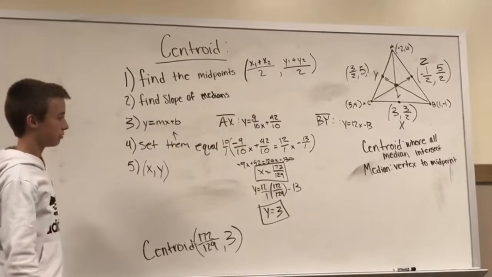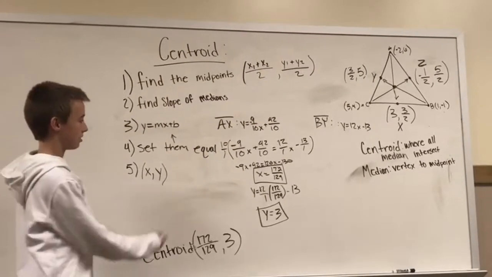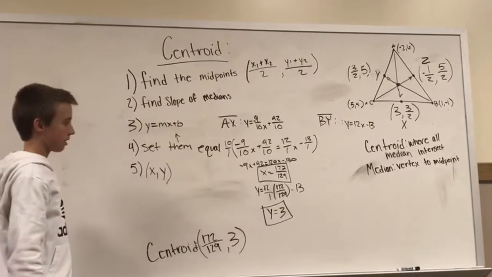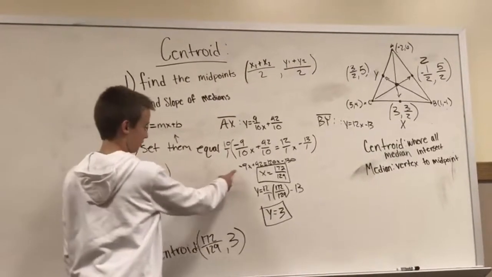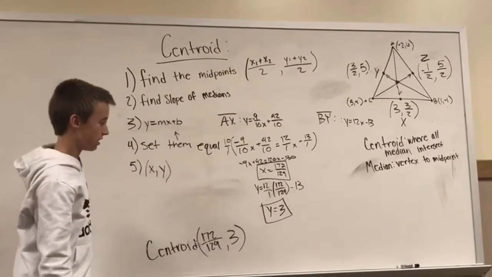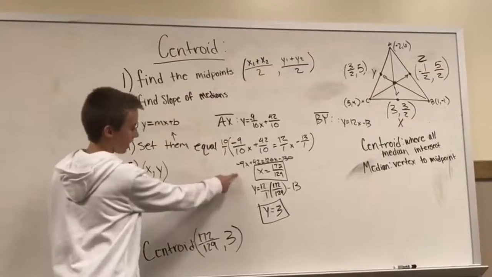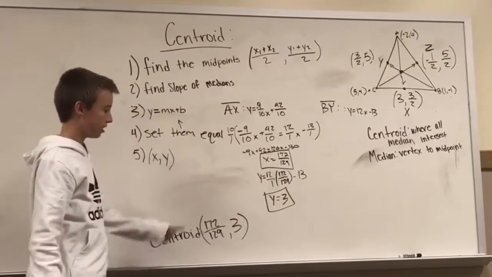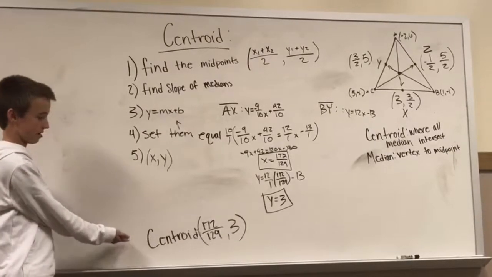Then you set them equal to each other, and multiply them both by 10 to get rid of the fractions, and then you finish the equation. For x you get 172/129, and then you plug x into one of the equations, and you get y equals 3, and there's the centroid.